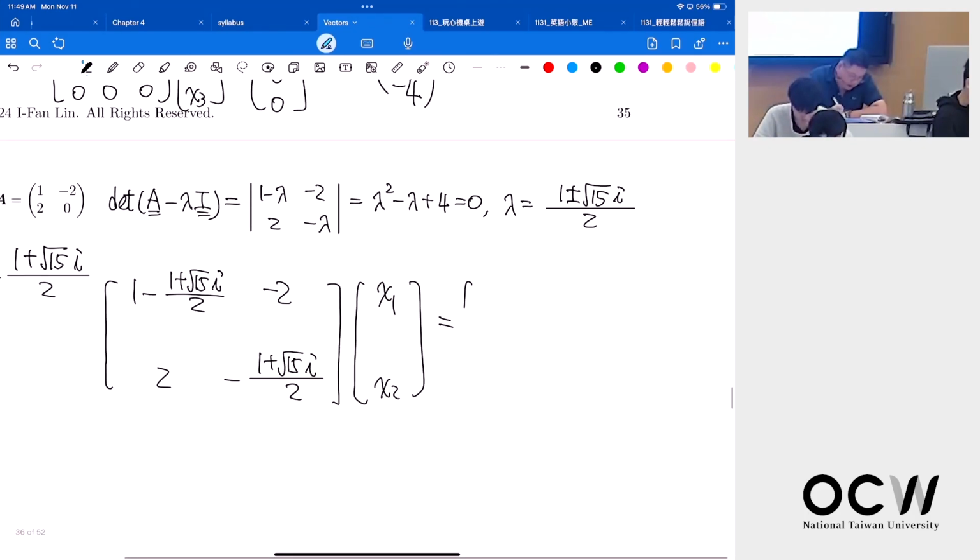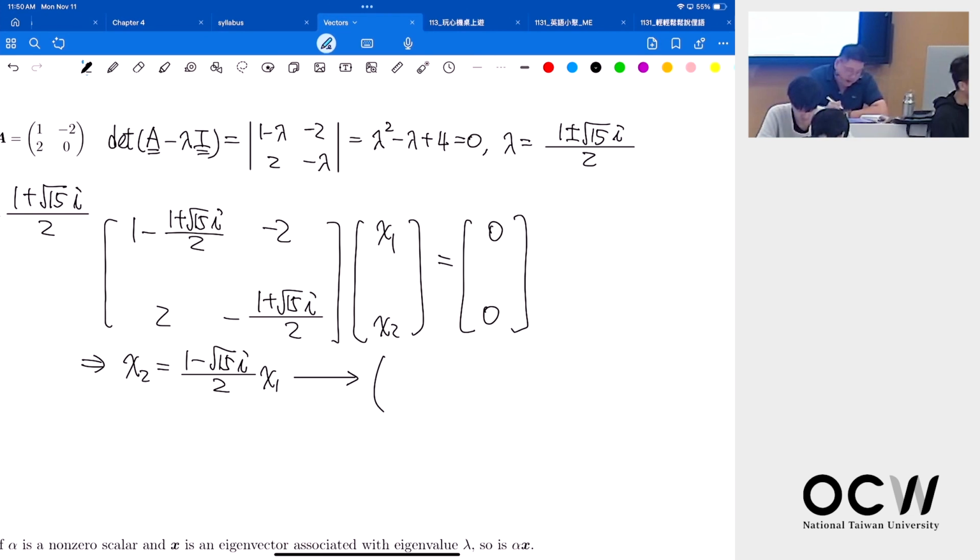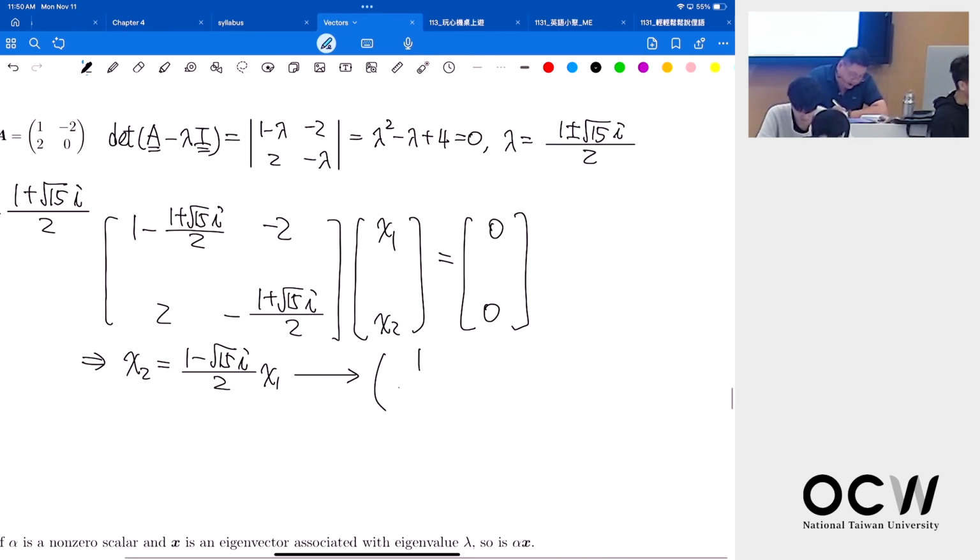Okay, so here should be 0. Then your x2 should be (1 minus square root of 15i) divided by 2 times x1. So I can choose x1 is 1, your eigenvector is 1, (1 minus square root of 15 times i) divided by 2.